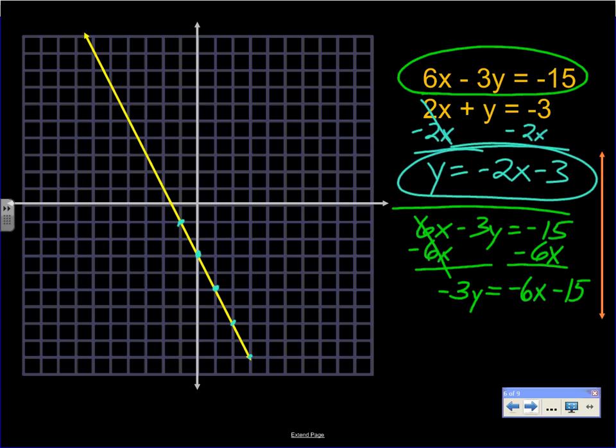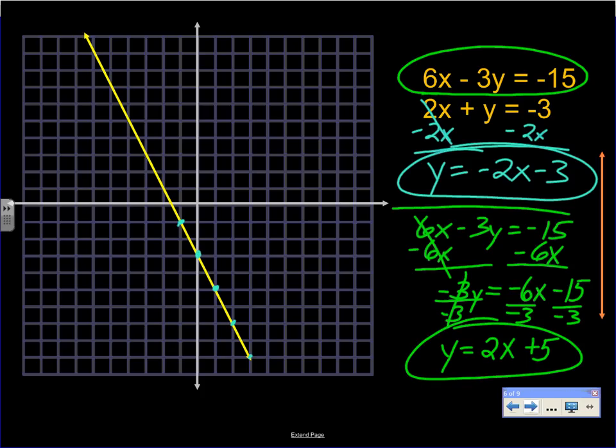So we have negative 6x minus 15. And in order to get y by itself, divide both sides by negative 3. So y is equal to negative 6 divided by negative 3 makes a positive 2x, and negative 15 divided by negative 3 makes a positive 5.